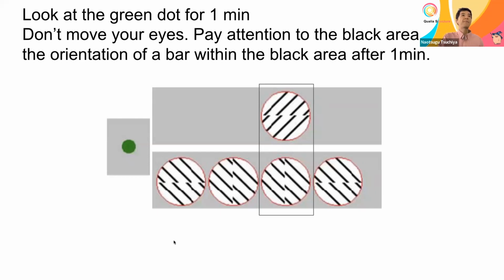And what happens is the next thing that I want to ask. So just look at the green thing and pay attention to the black area, okay? And then I'm going to show the next figure in a couple of seconds, okay? 3, 2, 1, 0.